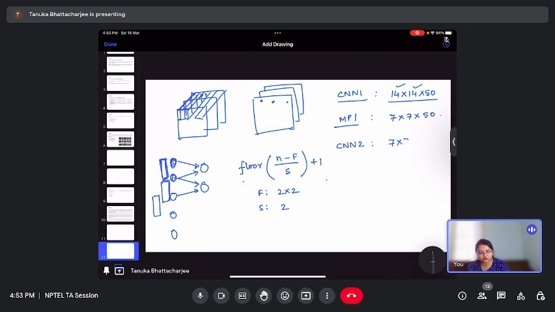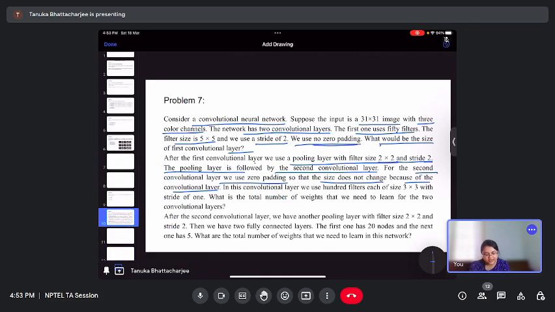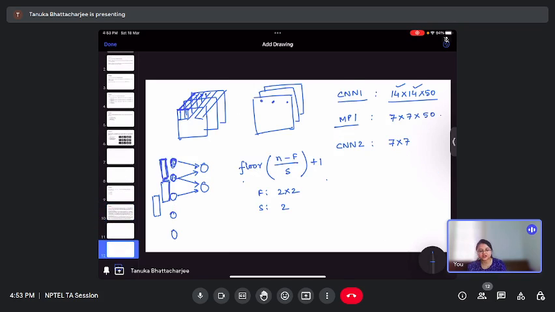So your 7 cross 7 remains 7 cross 7, because you have appended the required number of zeros on both sides. But this layer has 100 filters, each of size 3 cross 3 and stride 1. So this 50 will change to 100.